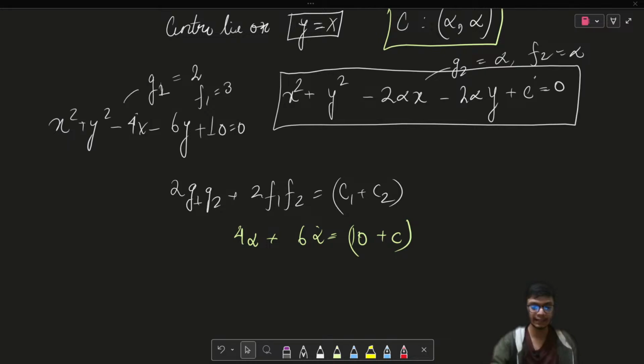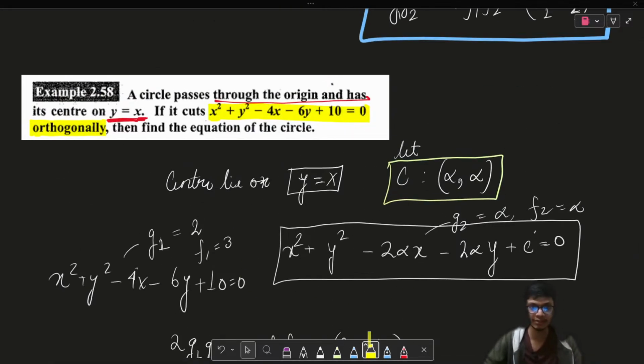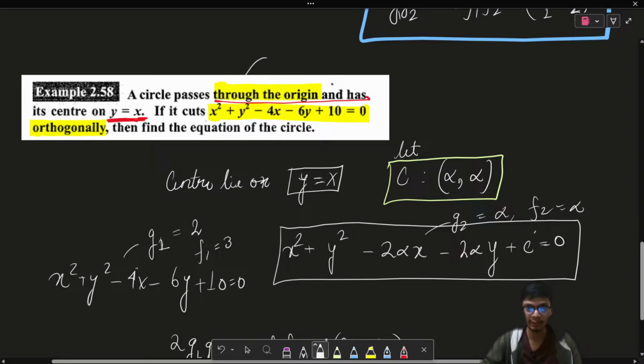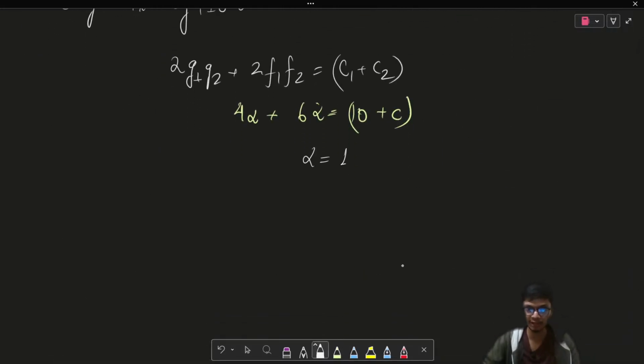Now also it is said very clearly that the circle also passes through the origin. So whenever a circle passes through the origin, the constant value of that particular circle equation is equal to 0. So from here we can also get one condition, that from here we'll get the value of alpha as equal to 1.